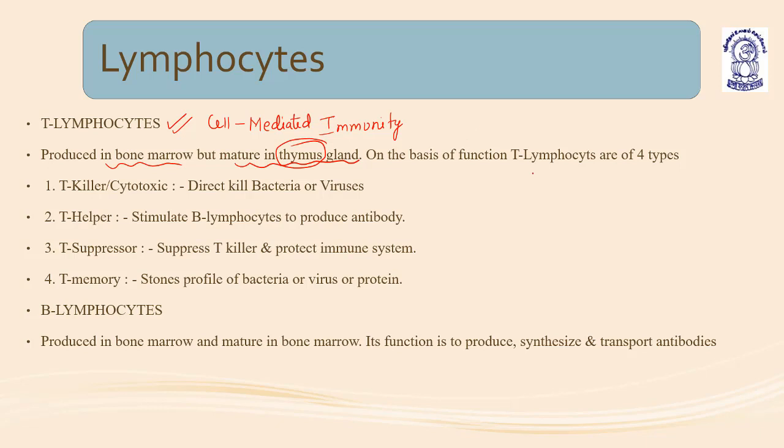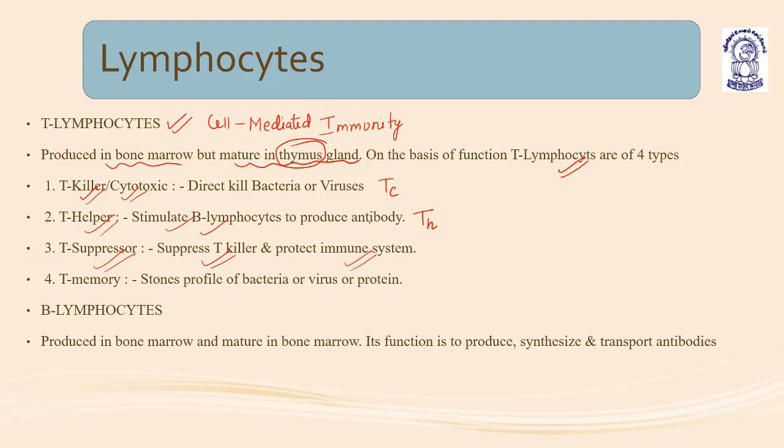On the basis of function, T lymphocytes are of four types: T killer or cytotoxic T cells. T helper, which stimulates the B lymphocytes to produce antibodies, denoted TH. T suppressor, which suppresses the T killer cells and protects the immune system.